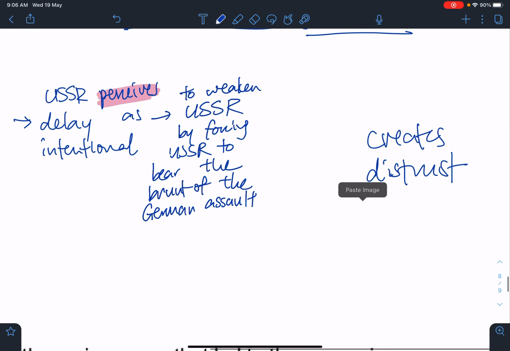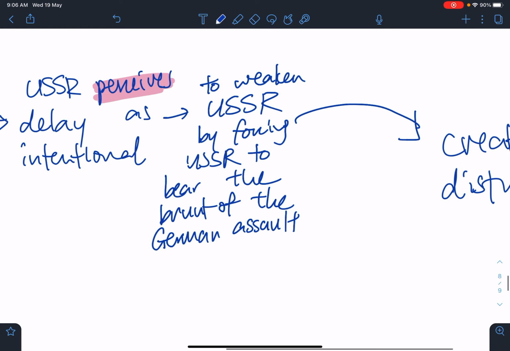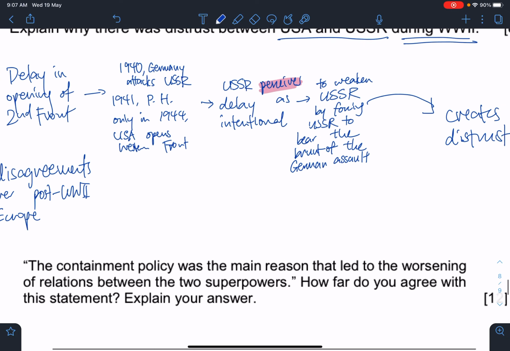And that is why there is distrust. Now, a lot of you all got L3, but you must talk about why the USSR perceived it as a threat, because they were being forced to take all the damage. They were forced to tank the damage, while the USA, they thought, just sat there. The truth is they were not. The USA was already fighting. You must remember the USA was fighting in 2 theaters of war. But that is how you figure it out.